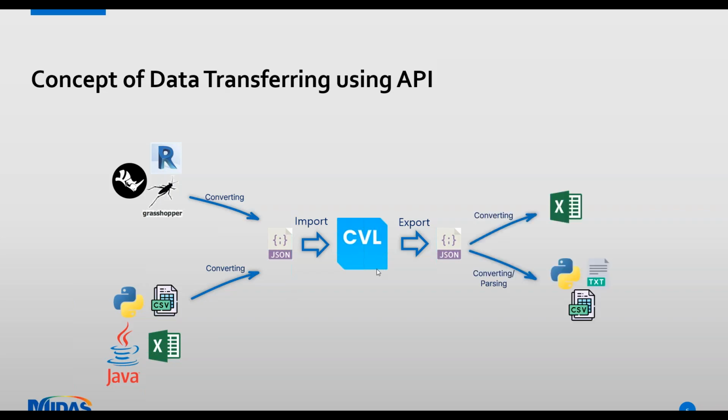Talking about export, we again have JSON converted to Excel format, where the Civil NX results can be extracted to Excel, and we can also pass them to CSV and text files.